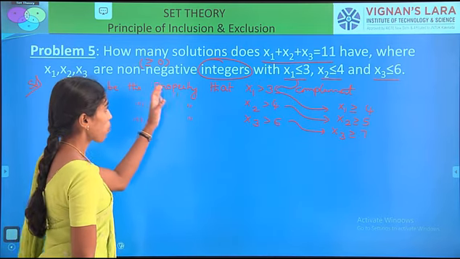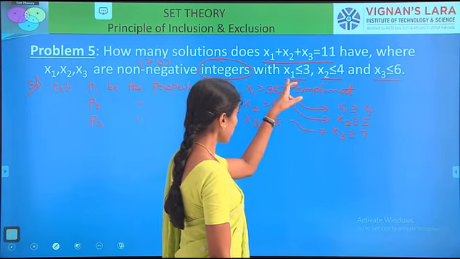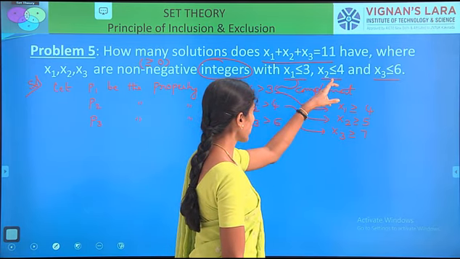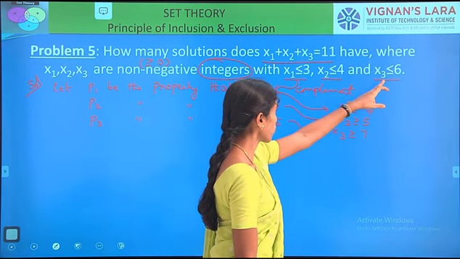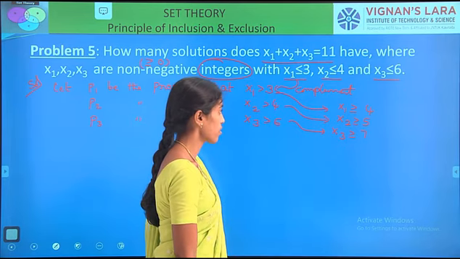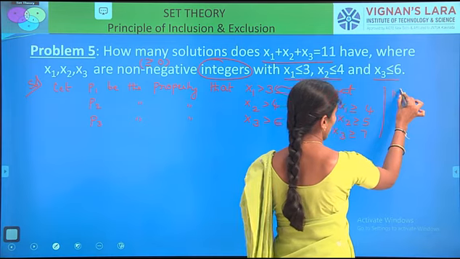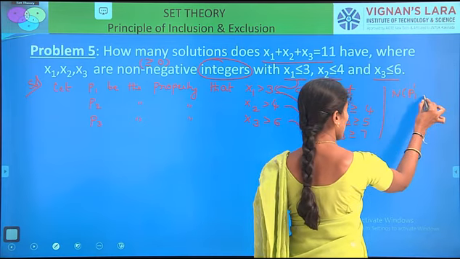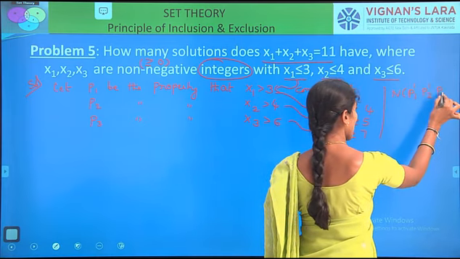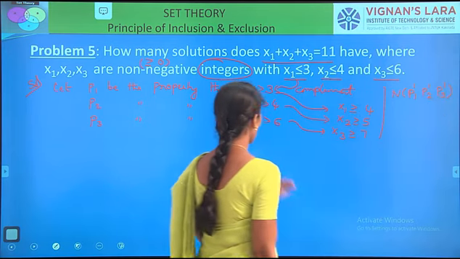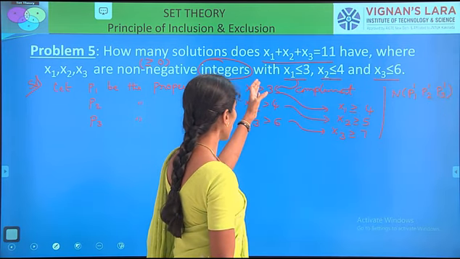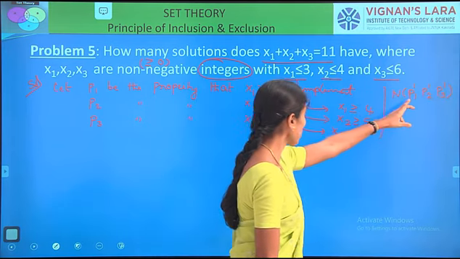To solve this problem, with respect to the conditions x1 less than or equal to 3, x2 less than or equal to 4 and x3 less than or equal to 6, if we find n of P1 complement, P2 complement, P3 complement, we will get the number of non-negative integers we want. What is P1 complement?